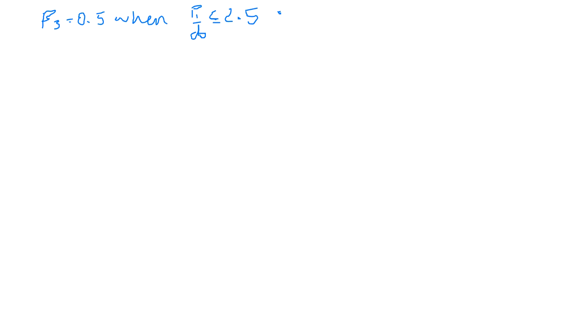And we have beta 3 is equal to 0.7 when P1 divided by d naught is greater than or equal to 5. Okay, so that's to interpolate.